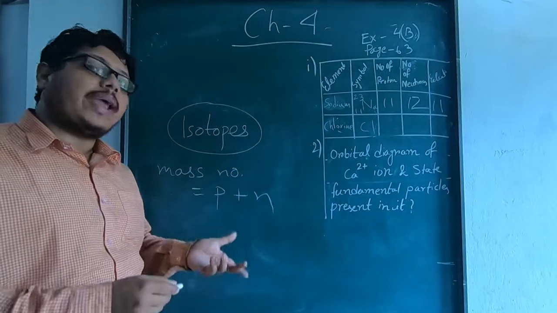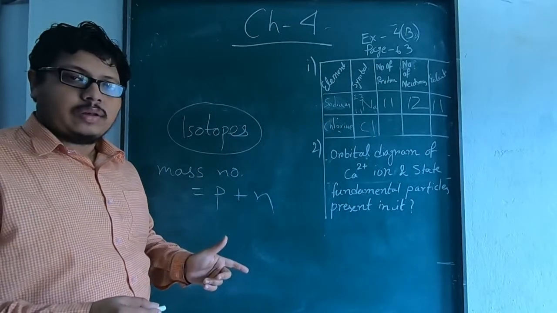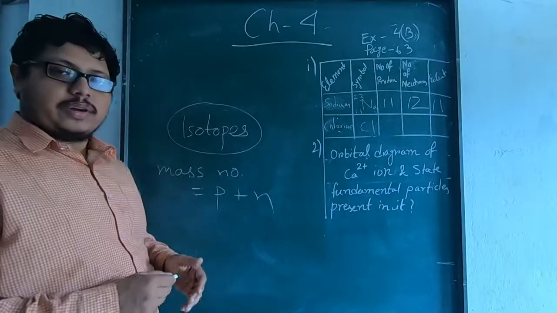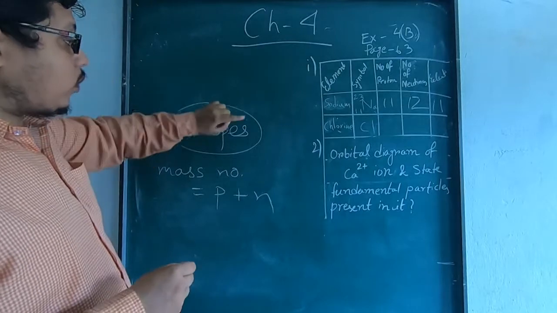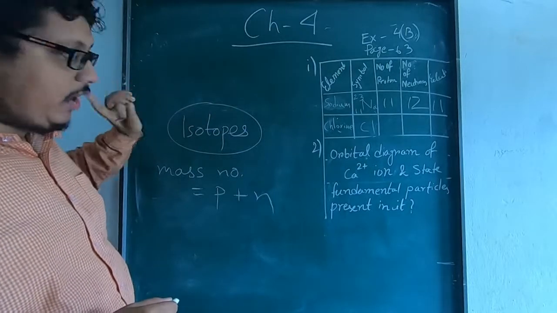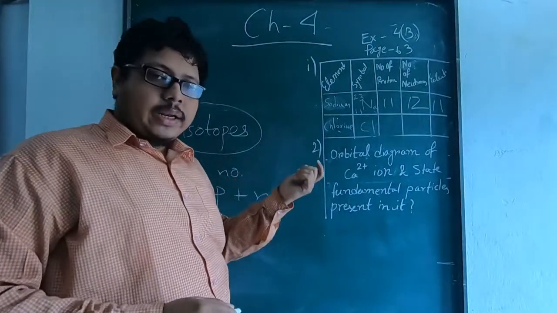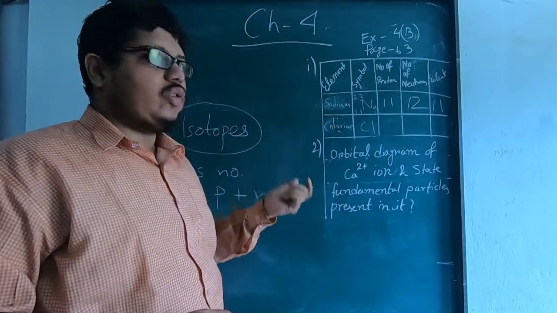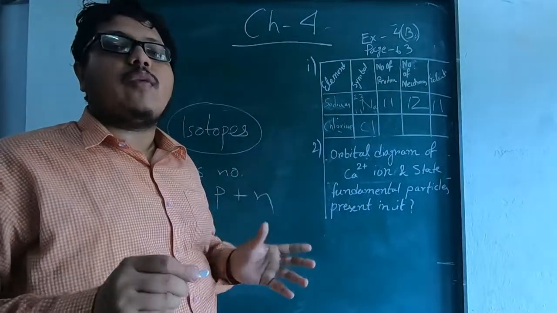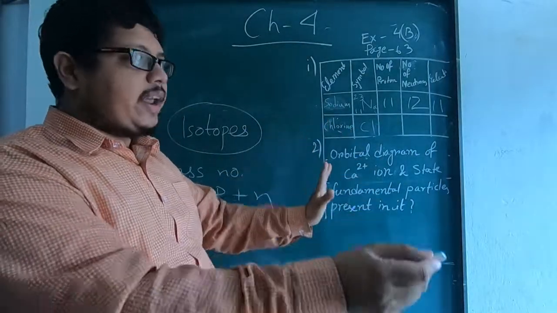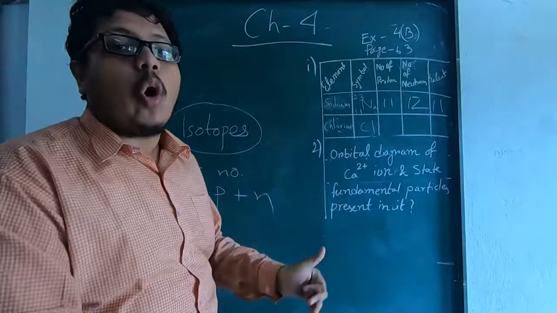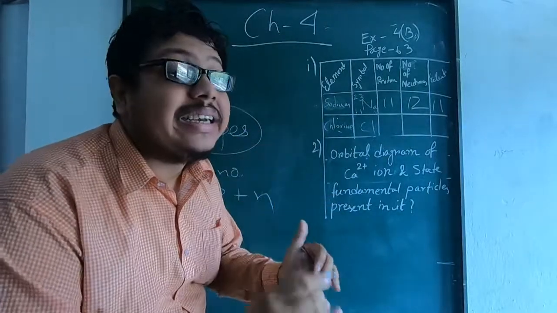What is the difference between atomic mass and mass number? We have to discuss this a little bit. Well, there is a concept of isotopes here. That means the atoms of chlorine do not all exist in exactly the same way. Every atom of chlorine is not exactly identical.